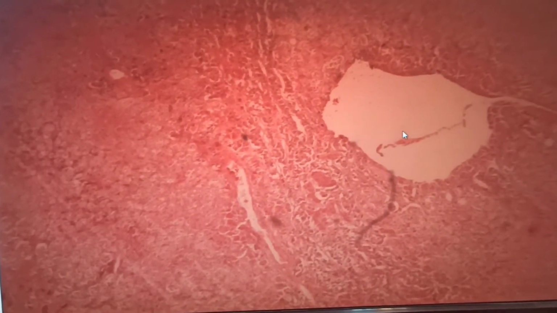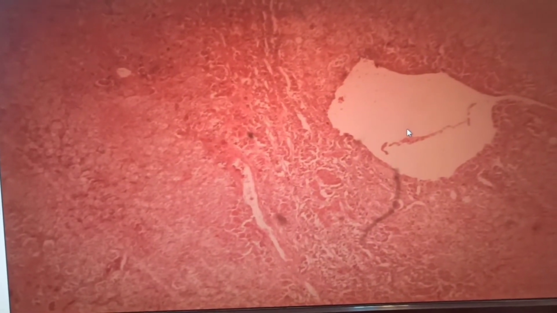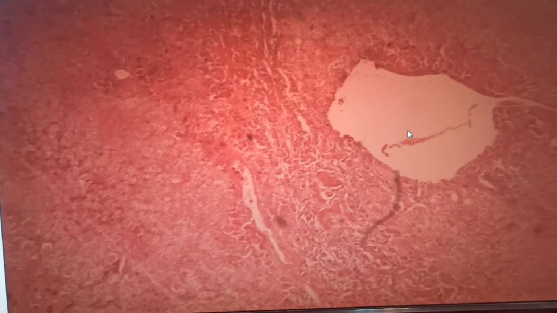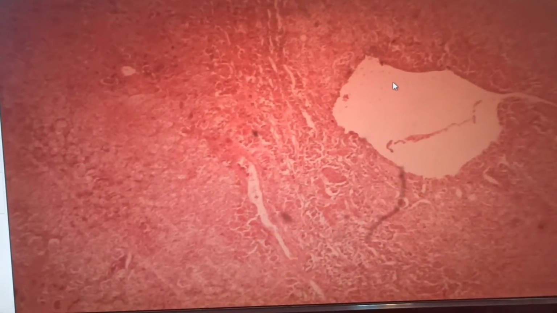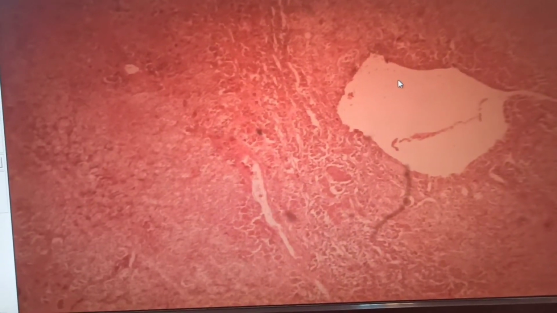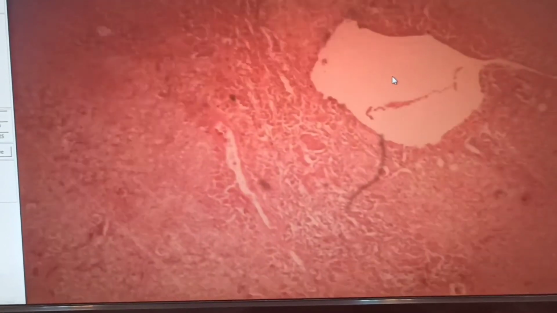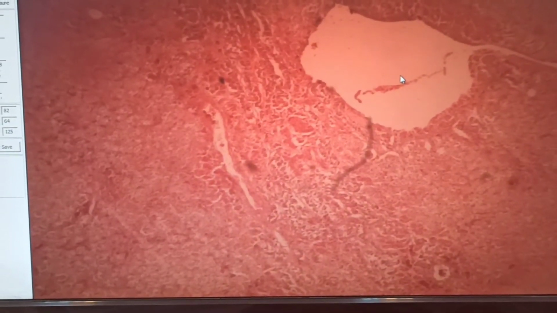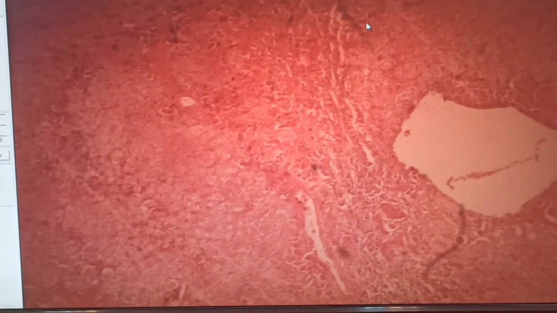These central veins are a kind of irregular vein in our body, because of the irregular muscle cells existing in their walls. Zona fasciculata is a part of the adrenal cortex. I will tell you.